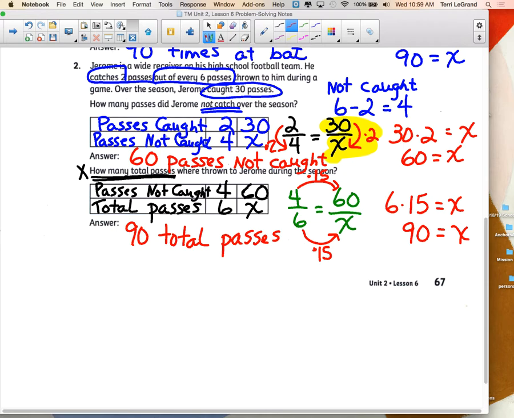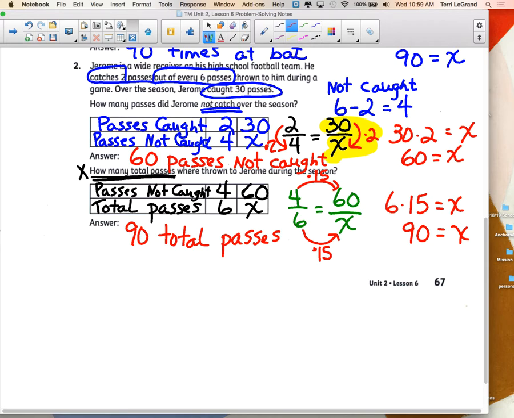Okay. Does that seem reasonable? Yes? Can you tell me why? Anybody tell me why 90 seems reasonable?